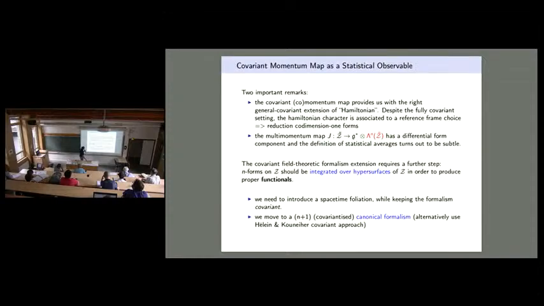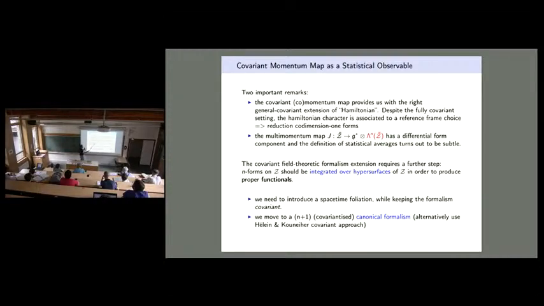So now, yes, I think these were the remarks I was making. The covariant momentum map provides a right general covariant extension of the Hamiltonian, in a sense. In fact, this is nothing but the super Hamiltonian constraint, basically. And this has this differential part.